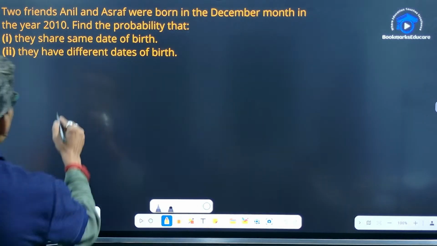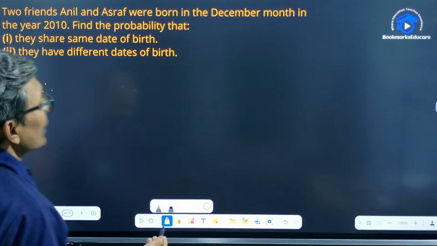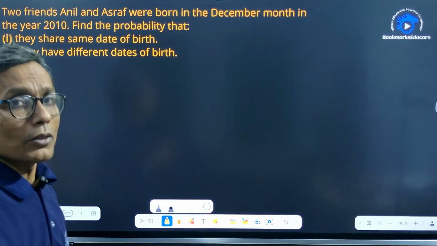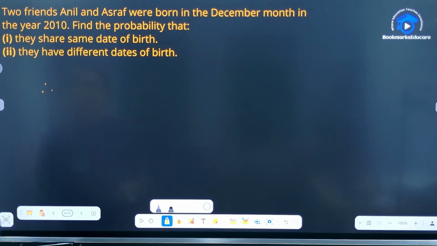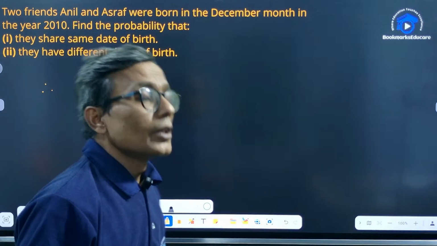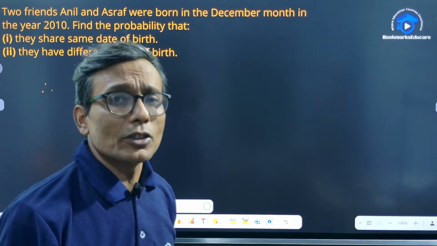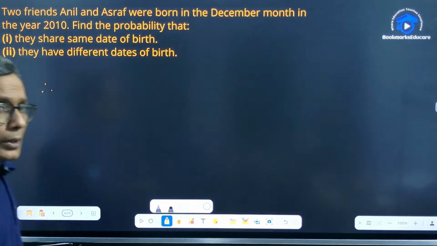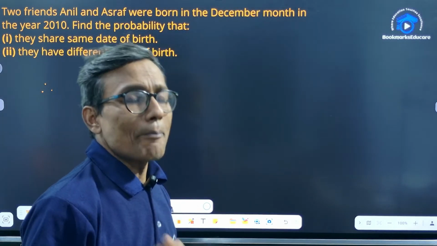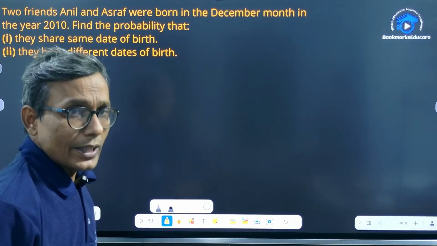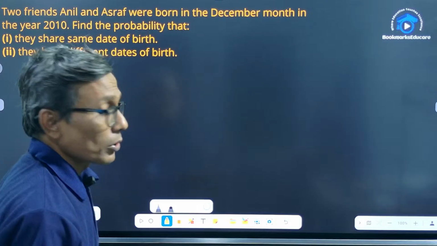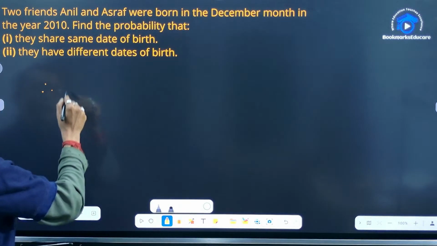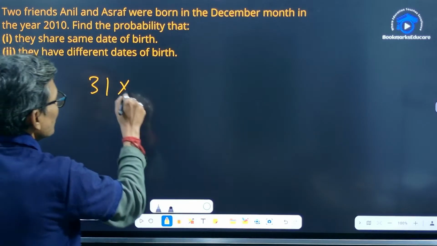Okay, so Ashraf could be born on any day in the month of December, out of 31 days, and Anil could also be born on any of the 31 days. So the total possible outcomes, meaning the birth date pairs of both, are 31 into 31.